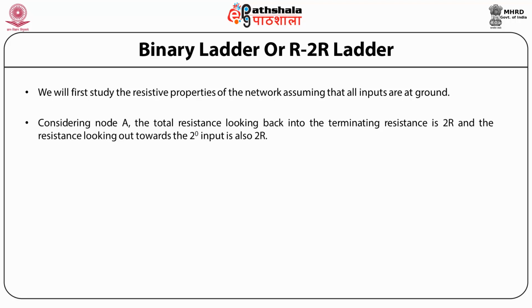Considering node A, the total resistance looking back into the terminating resistor is 2R, and the resistance looking out towards the 2 raised to power 0 input is also 2R.